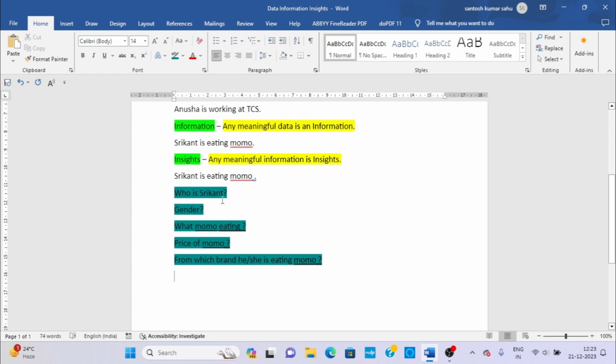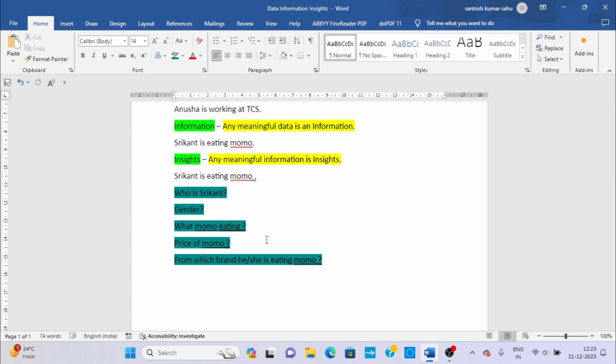So when we get the answers to each question, like who is Srikant, Srikant's background, who is his father and mother, why he is eating momo instead of eating at home, what's the gender, what momo he is eating and why that particular momo, what's the price of the momo, from which brand he or she is eating momo.